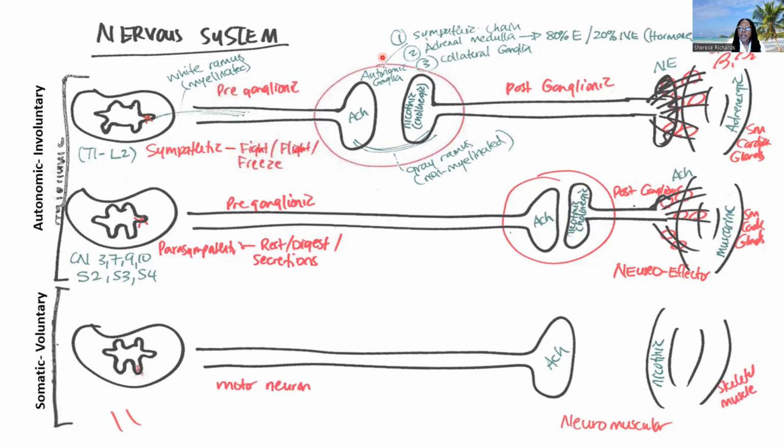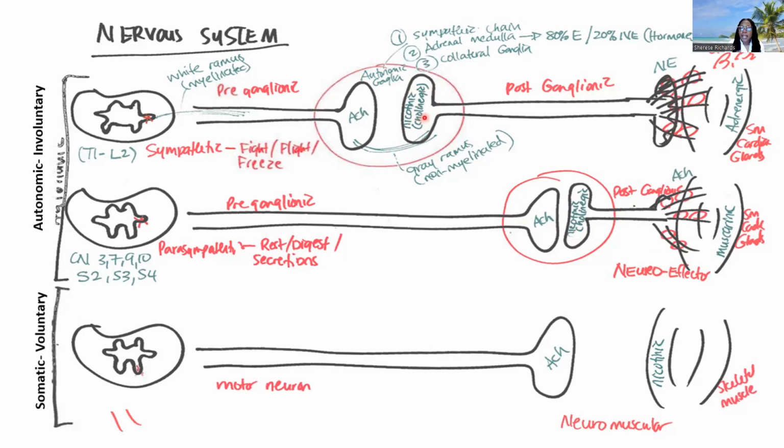Okay, so going back to the receptors here. So all preganglionic neurons release acetylcholine. And so that acetylcholine is going to bind to nicotinic cholinergic receptors at the ganglia. So that is true for the sympathetic system as well as the parasympathetic, which we'll get to in a minute. But acetylcholine crosses the synaptic junction, and then it is going to bind to a fast receptor.